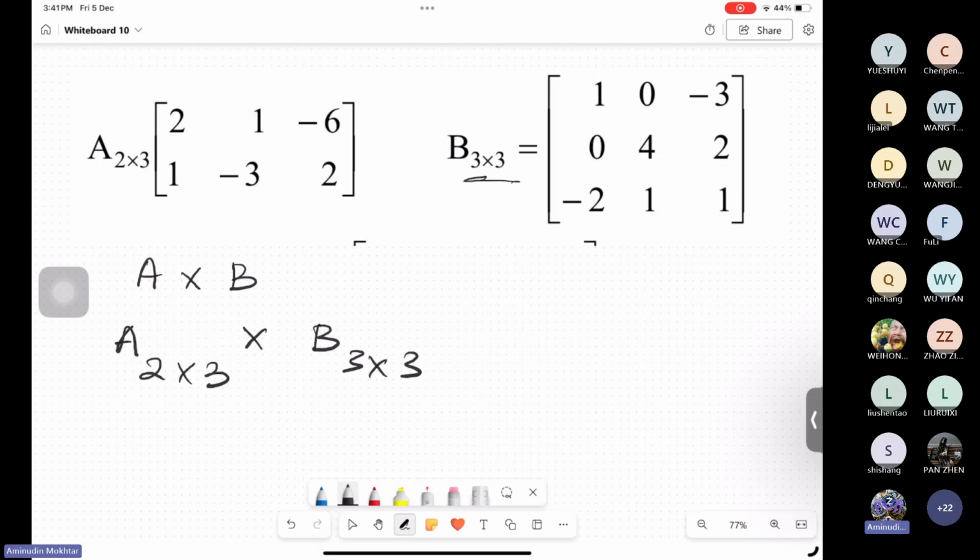For multiplication, we need to identify which matrix is the first and which is the second. In this case, the first matrix is A, with size 2 times 3, and the second matrix is B, with size 3 times 3.